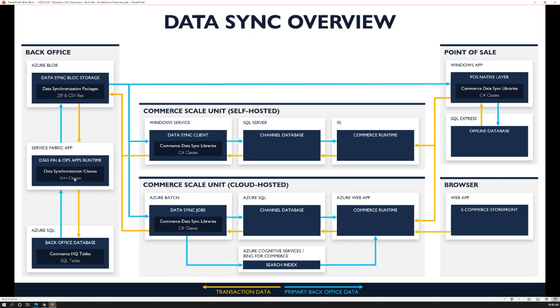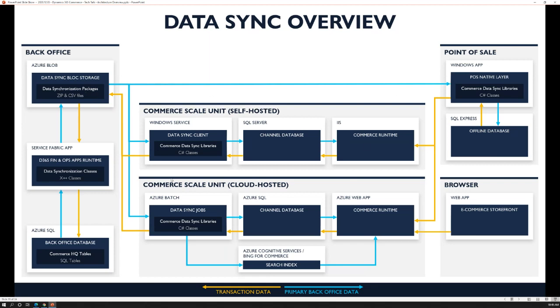If you don't know what X++ code is, there is lots of information out there on the Finance and Operations app architecture, which unfortunately we can't get into in much detail in today's talk, but you can go and read up on that. Those classes will generate zip files and CSV files that contain that data, stored in an Azure blob. And from that Azure blob, it then gets synchronized into all these different components.